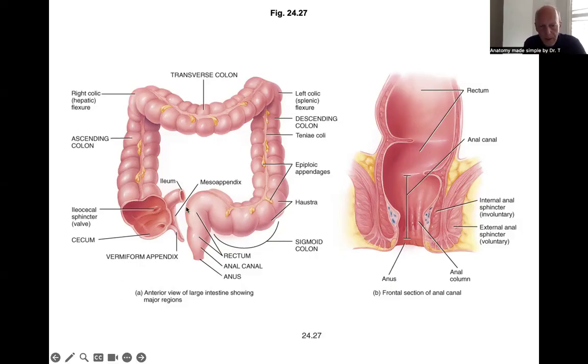Vermiform appendix does have its own mesentery that is illustrated here as the mesoappendix, but the rest of the large intestine, the cecum, basically becomes again retroperitoneal. From cecum, you and I go up on the right side of the abdomen, following the outline of ascending colon, which comes close to the underside of the liver, making a right colic flexure or hepatic flexure, and turning itself into transverse colon.